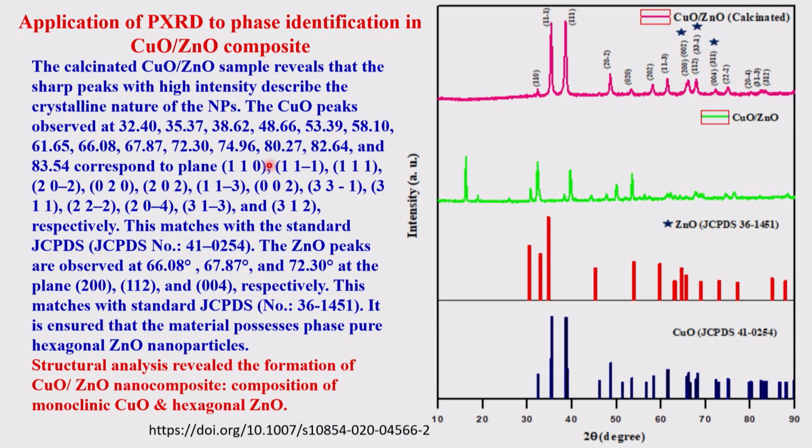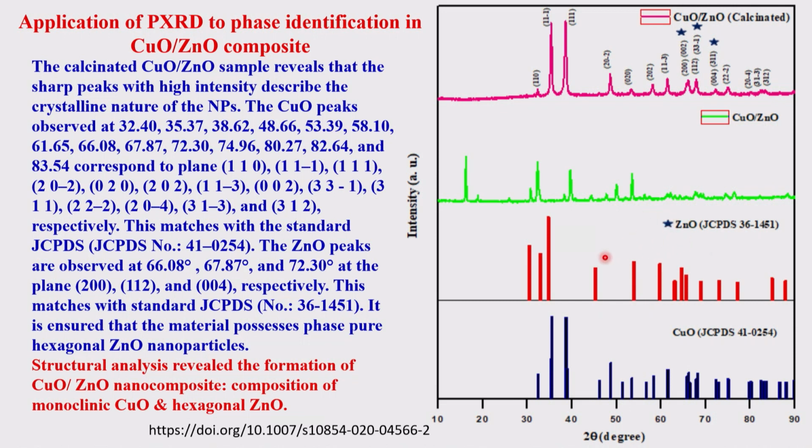So here is an example, draw your attention to this particular slide, a phase identification in a copper oxide, zinc oxide composite. There's no need to read this, you can go through it later on. If you look at the copper oxide powder XRD, these are the peaks, and these will match with the source that you have in the online data.